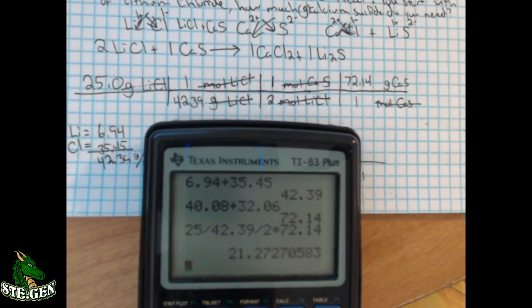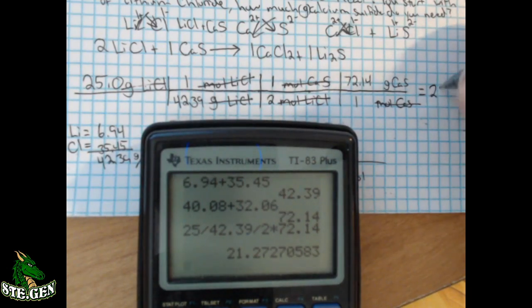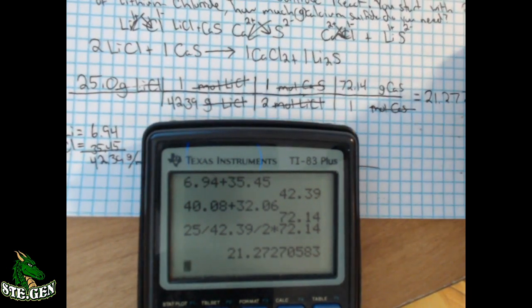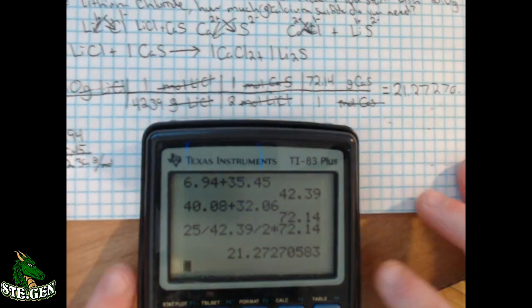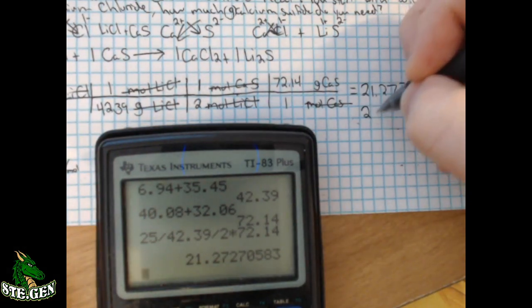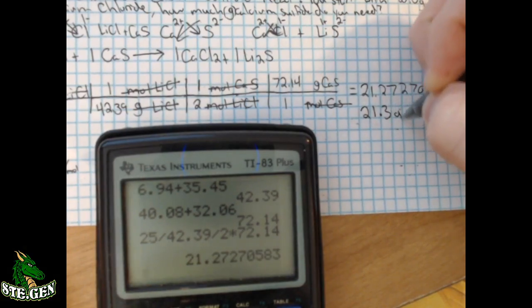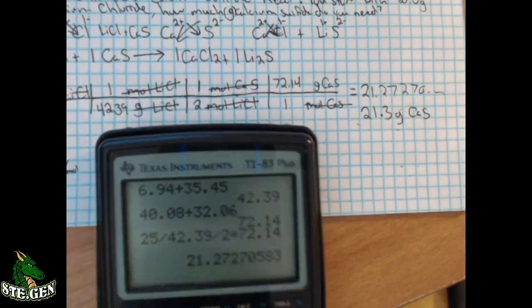This should be set up correctly. And we get 21.27270 whatever. But to round it to the correct number of sig figs, we were told 25.0, so we'll need 21.3 grams of calcium sulfide.